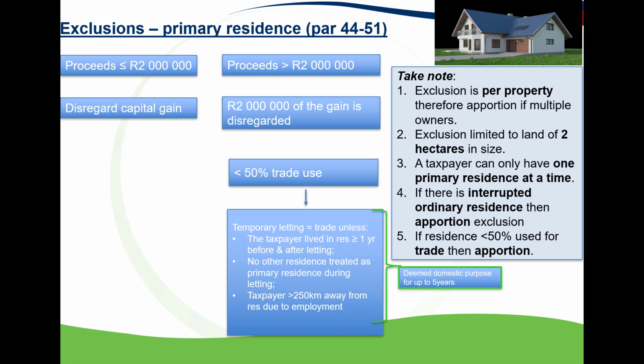There will not be any apportionment in that case because it will be regarded as if the taxpayer was present in the property, because they were not away for more than 5 years.